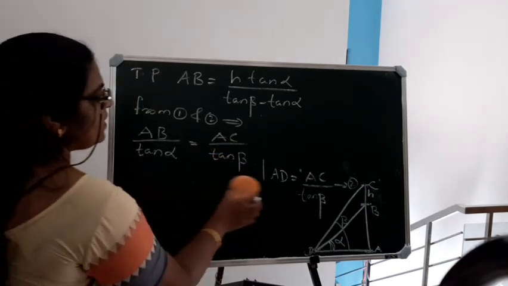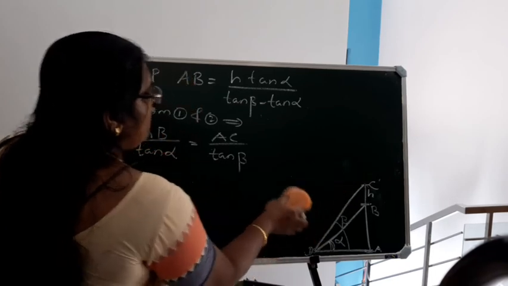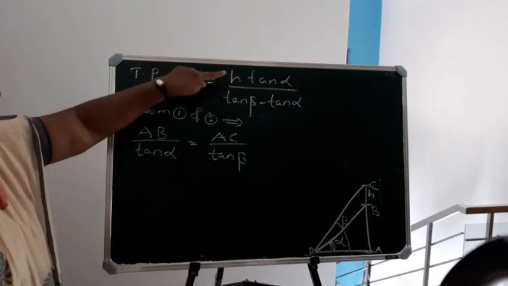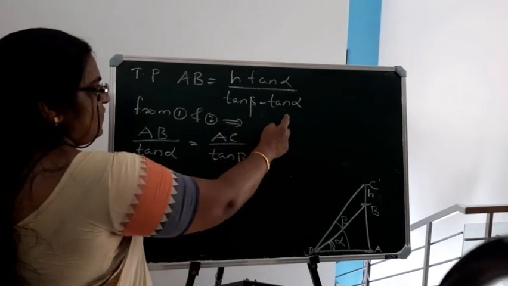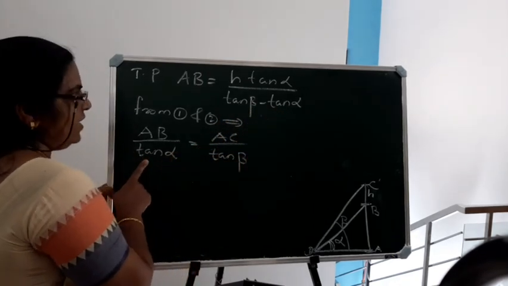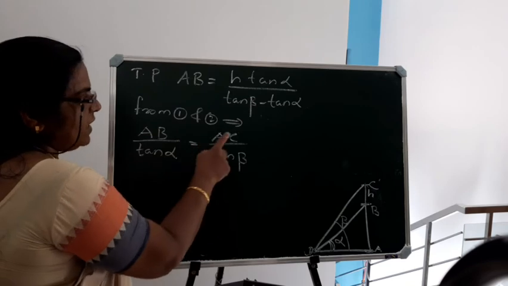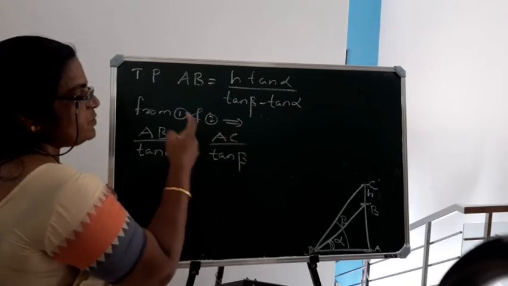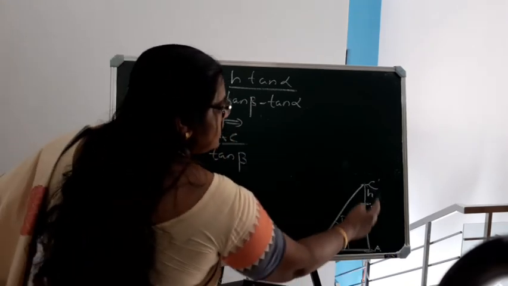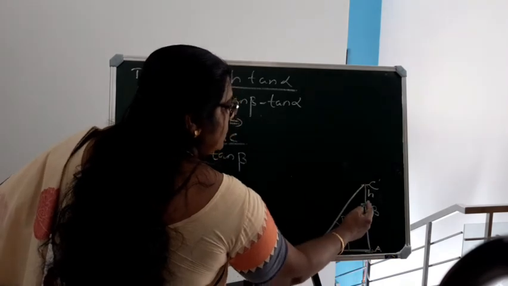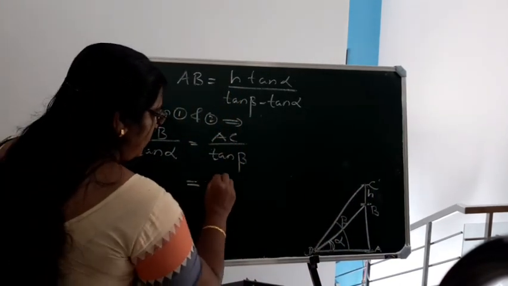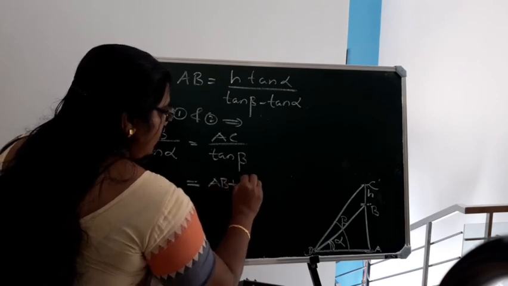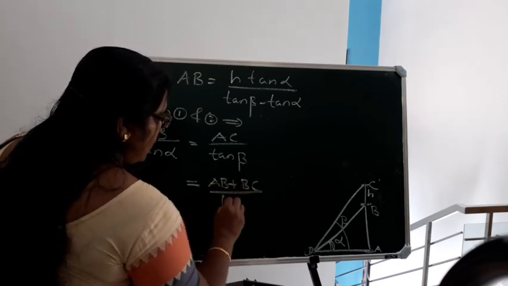Here we are going to find AB. Tan beta is there, tan alpha is there, AB is there, but we don't want AC, so we can substitute AC. AC equal to AB plus BC. So we can substitute that one. AC means AB plus BC by tan beta.